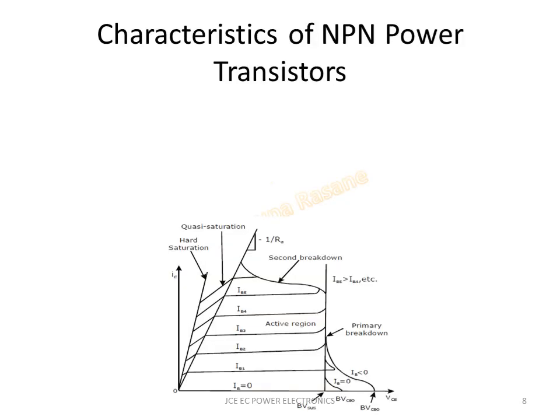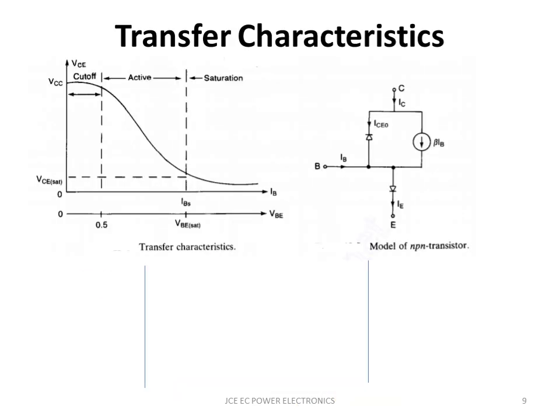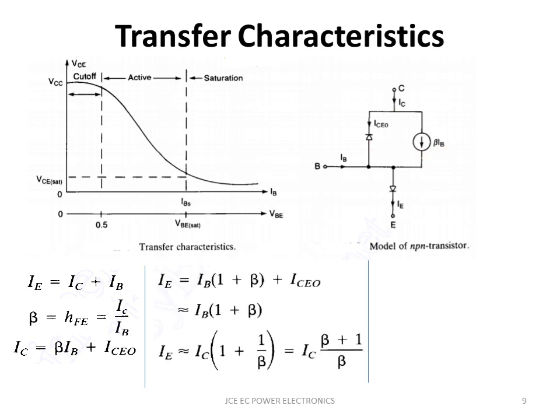The equations are clear to you. So IE equal to IC plus IB. I am sure this is clear. IE equal to IC plus IB. Beta is equal to IC by IB. So IC becomes equal to beta IB plus ICEO.